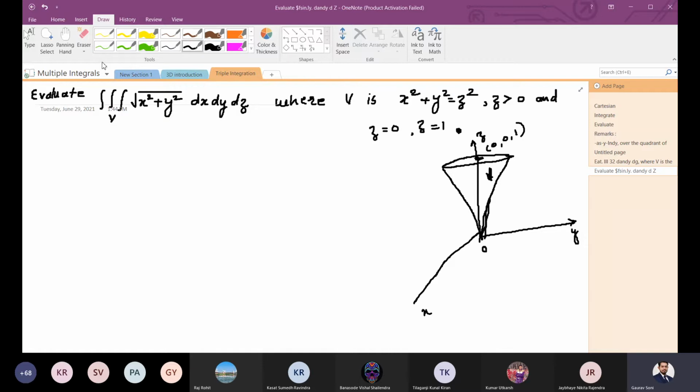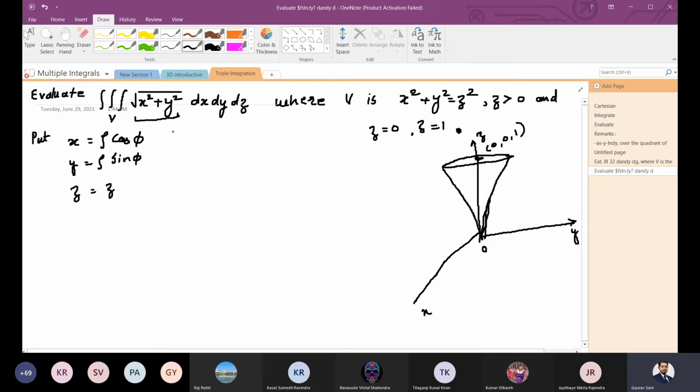Now, as it is not a complete sphere, we have the cylindrical system and we will use it here. Whenever there is a cone, a cylinder or a paraboloid, the cylindrical coordinate system works better. Moreover, the integrand is x square plus y square. In cylindrical coordinates, x is equal to rho cos phi, y is equal to rho sin phi, and z is equal to z.